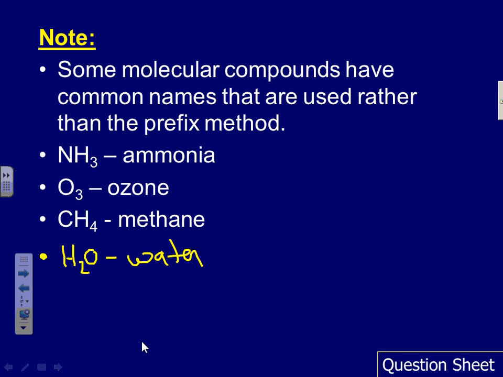Ozone protects us from getting burnt. It's way up in the atmosphere. It can be produced by sparks. So during a thunderstorm, if there's lightning, it'll produce a little bit of ozone. Methane, that's what we use in our natural gas. So if you've got natural gas coming into your house that heats your house, our Bunsen burners burn methane. And then obviously we have water.